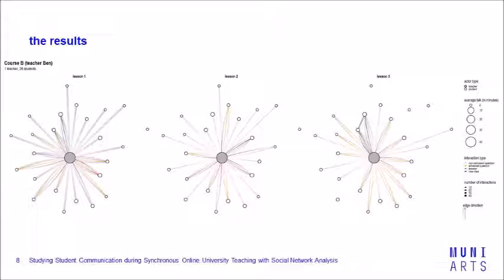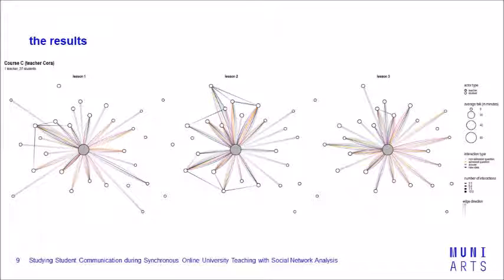We can also see that compared to course A, interaction in course B was from the beginning richer, maybe, and more students were interacting from the beginning. And in lesson 3, we can also see some spontaneous interaction between the students, not teacher to student to student to teacher, but also student-to-student interaction.